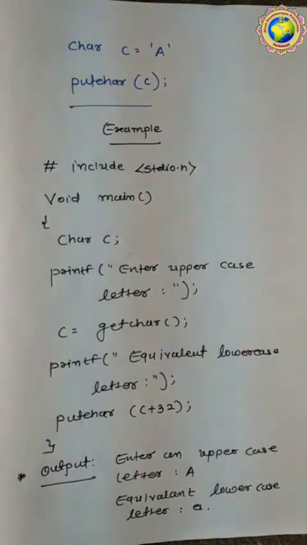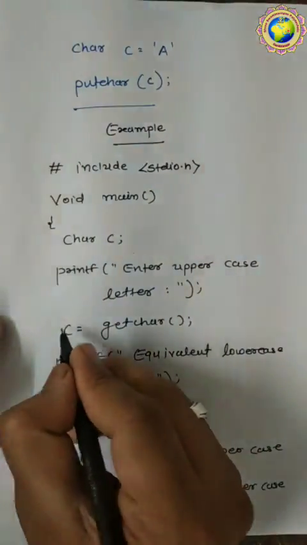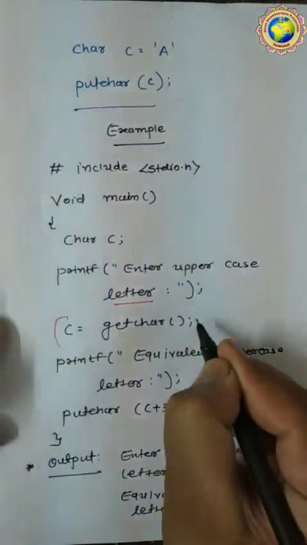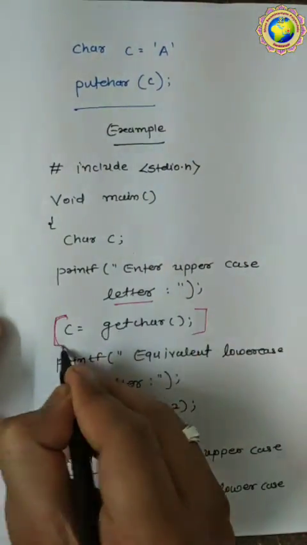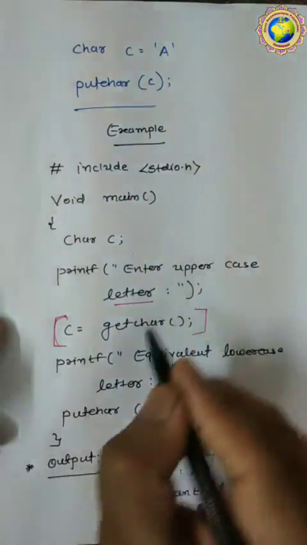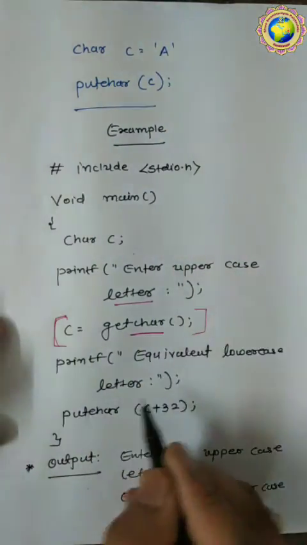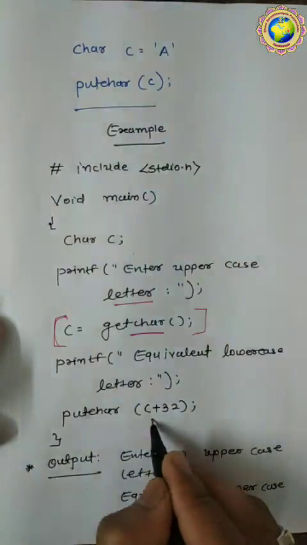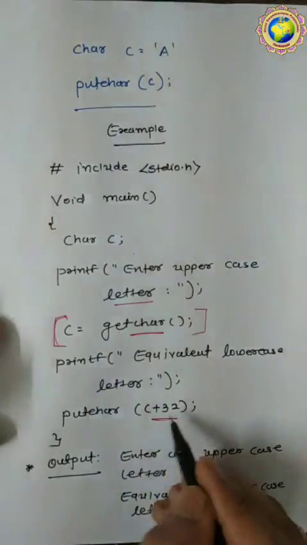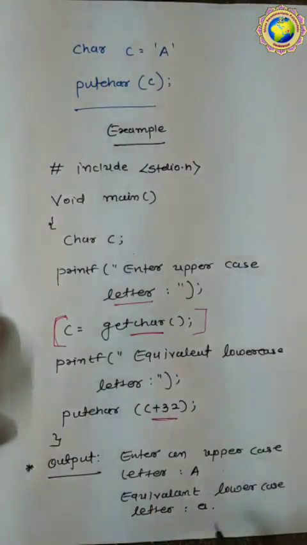This is the program of getchar as well as putchar. Getchar takes a character as input, and putchar prints the character value plus 32, and whatever the answer is, that is a.